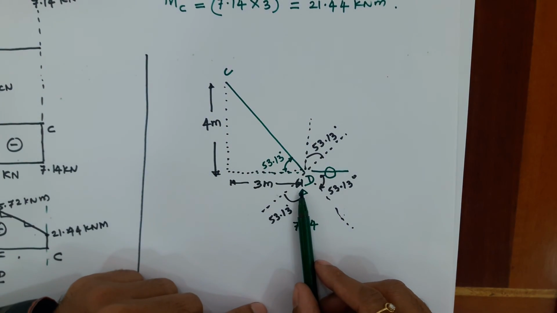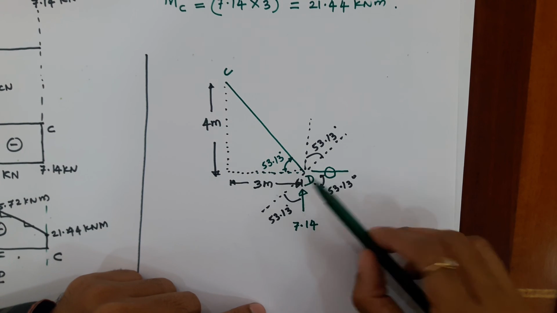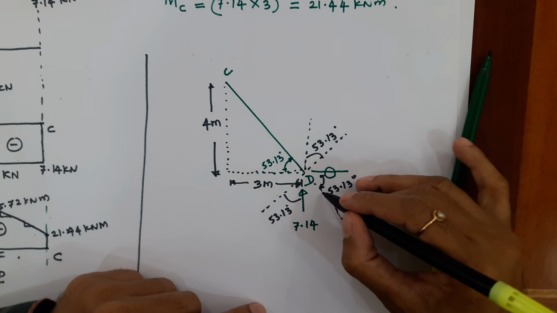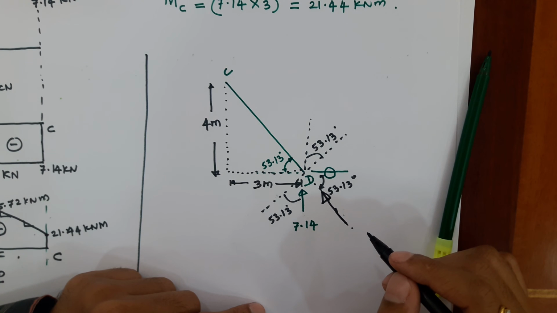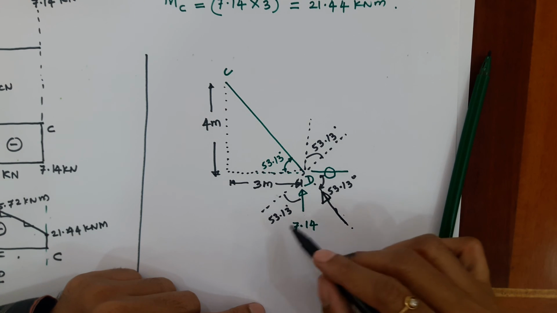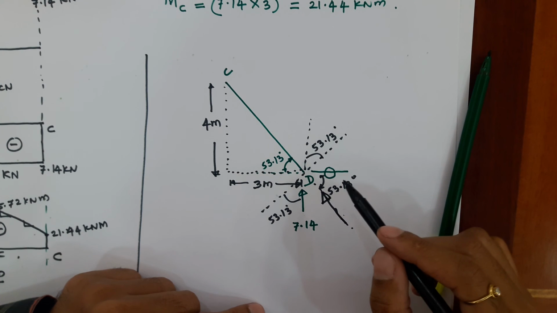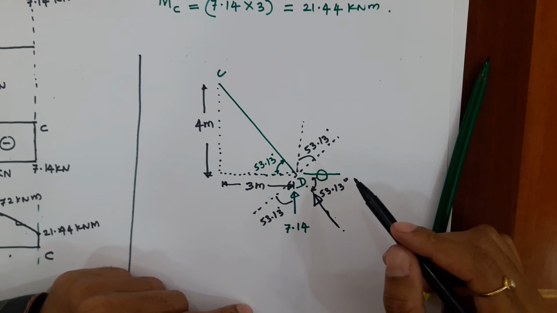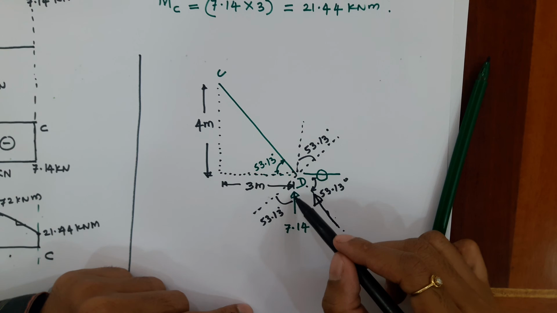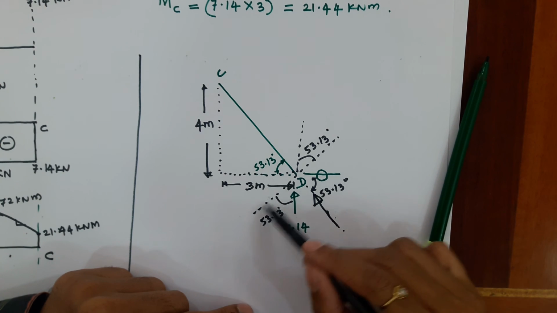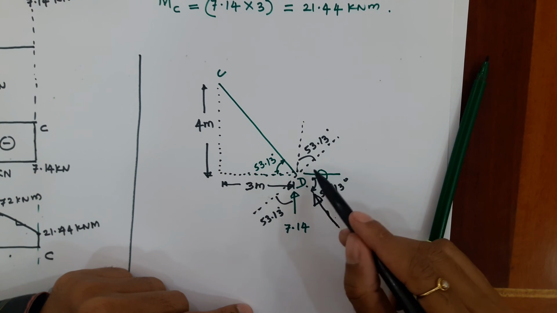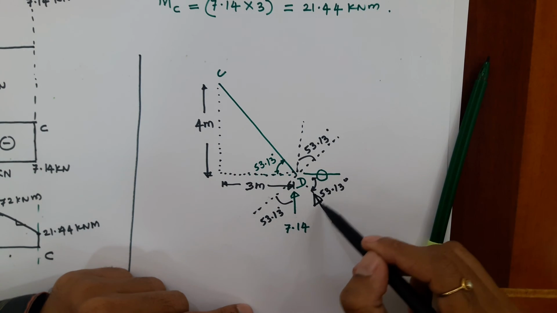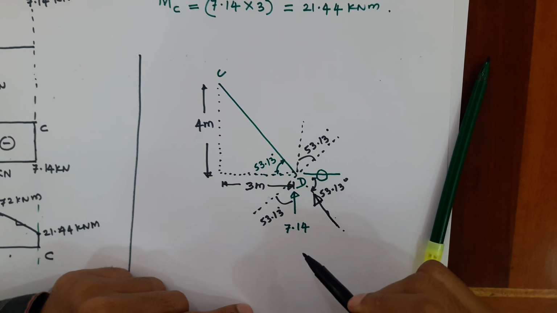When I resolve this 7.14 in this direction, its value will be 7.14 sine of 53.13, because we know the rule from engineering mechanics that whenever a force makes an angle theta with a certain axis, and you resolve that force along the same axis, it always becomes cos, whereas if you resolve it along the other axis, it always becomes sine.